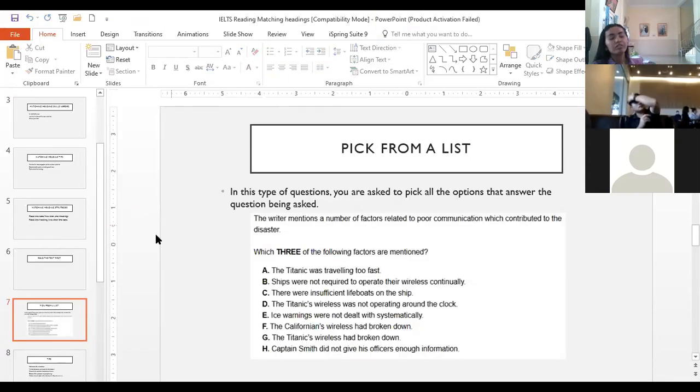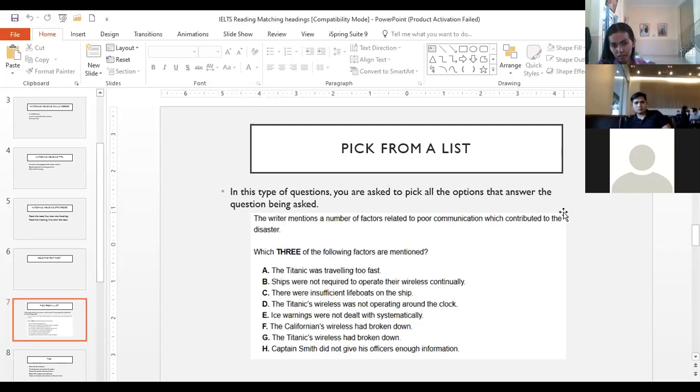Here, as a review of what you might have forgotten, pick from the list looks like this. It's what we discussed on Monday. So we will see 2 or 3 lines of questions before we see the choices. And normally the sentences on top are mostly the real questions.